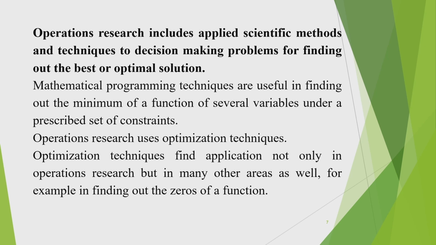Operations research also uses optimization techniques. That means it is one part of it, but operations research has many other things also. In fact, proper formulation of the problem is also part of operations research. Then we have topics such as queuing theory, etc.